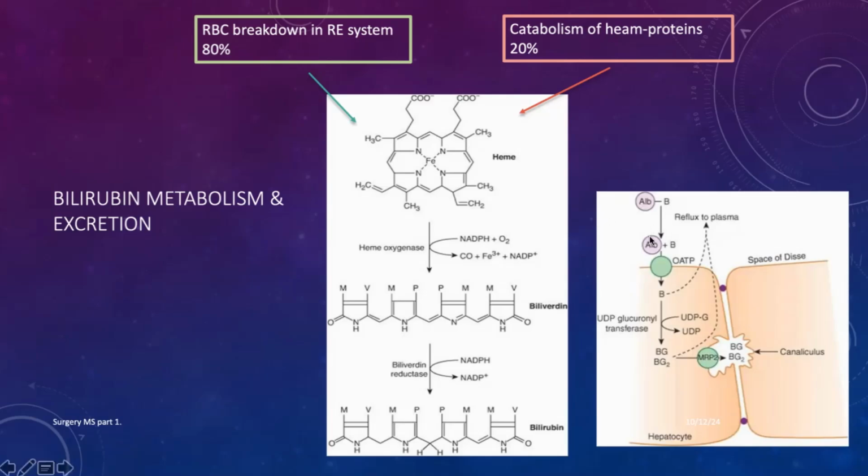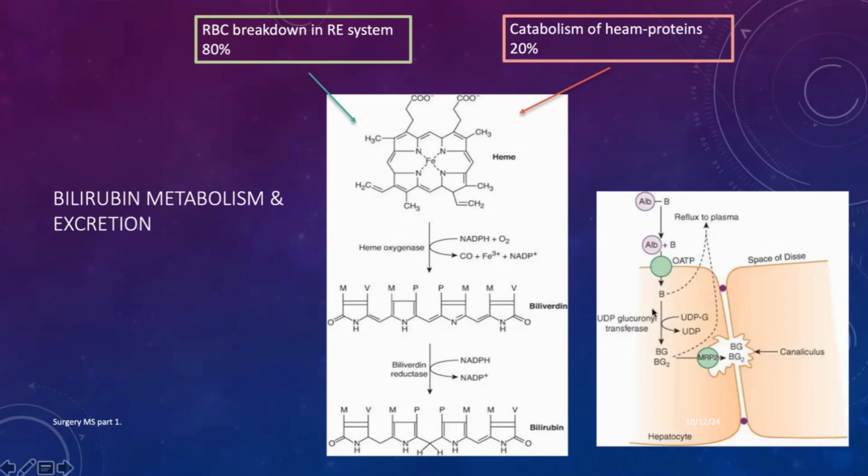If you look at the mechanism of transport, it is albumin-bound bilirubin, and it will be taken up into the hepatocytes, where the conversion happens, and then through the canaliculus the conjugated bilirubin should get excreted. But there is always a reflux to plasma.